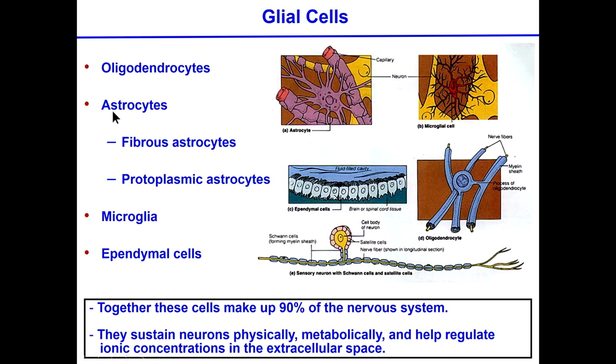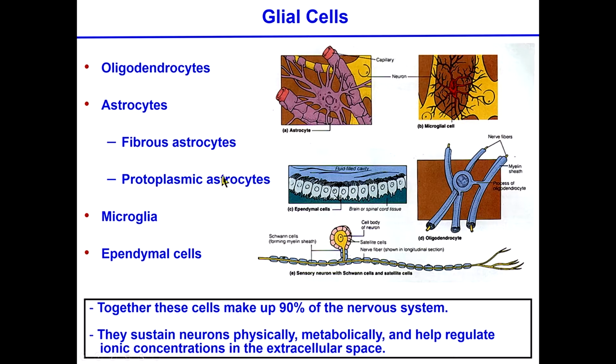There are the astrocytes, and they are called astrocytes because they look pretty much like a starfish, with different versions. There are two different types. The fibrous astrocytes, which are found only in the white matter, and the protoplasmic astrocytes, which are in the gray matter.